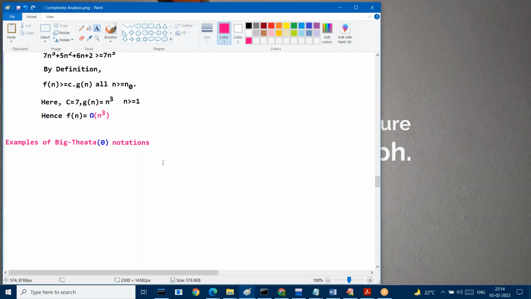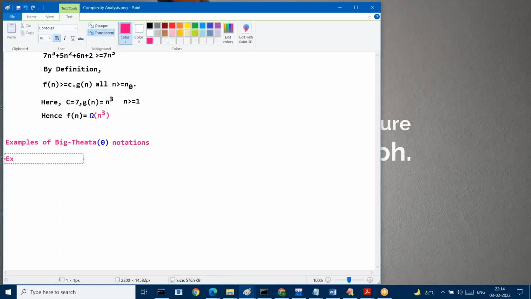Simple. Whatever you learn for big omega and big O, that too you have to merge now. That means once you have to show less or equal to c g(n), on another side you have to show greater or equal to c g(n). Very, very easy.